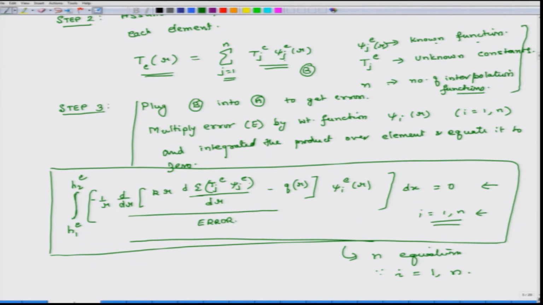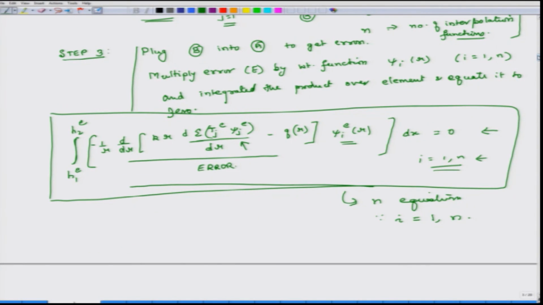Not because j is going from 1 to n, because j is being summed. So, this term does not change, it is this psi I, it changes as I changes. So, this represents n equations and there are n variables at element level. So, at least at the element level we have the number of equations and number of unknowns the same. Okay. So, this is step 3.